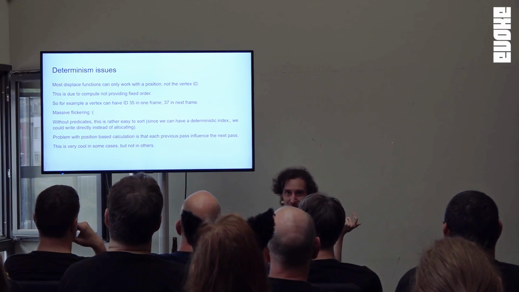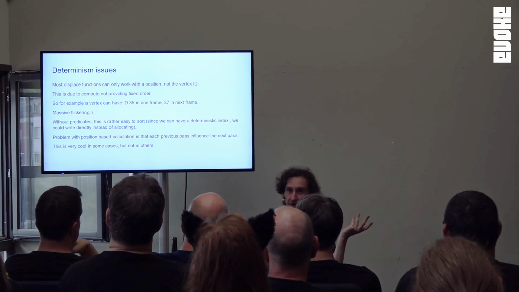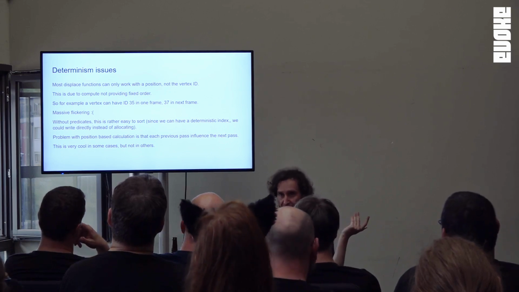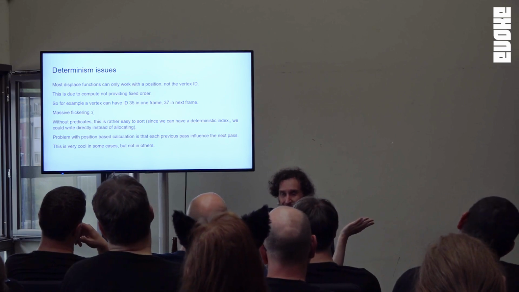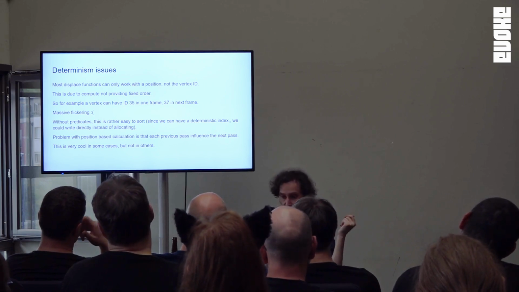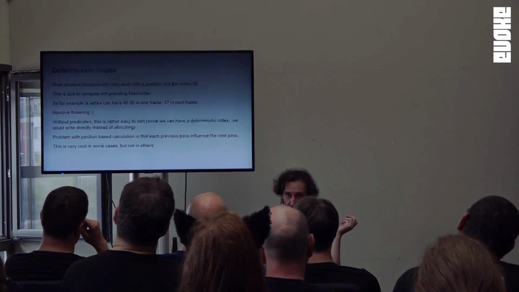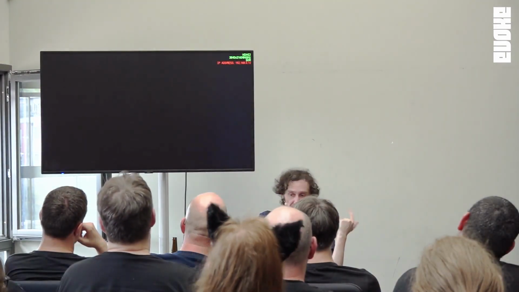That's a huge issue, because if you want to do a hash function on the ID, it's impossible, since every frame you're going to have a different hash. It's not going to work; massive flickering. Without predicate, it's easy, because you would not even need to use atomic, so you can just use simple math. But in our case, we need this.